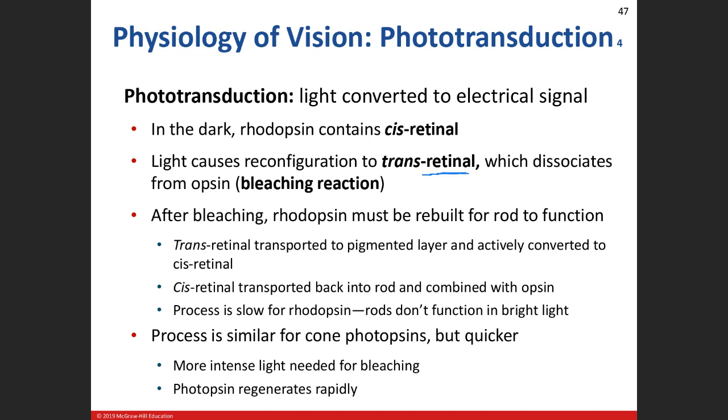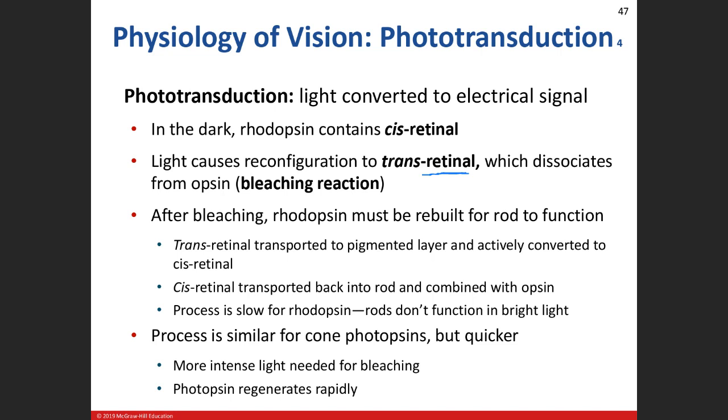It's like, I'm out, peace out, I'm gone. And this causes what we call the bleaching reaction. Perfect example: you've been in a movie theater, the movie gets over, and instead of walking out through the main lobby, you go out through the back door right into the parking lot, and it's still afternoon and that light is bright.